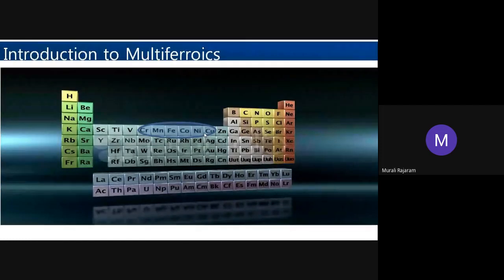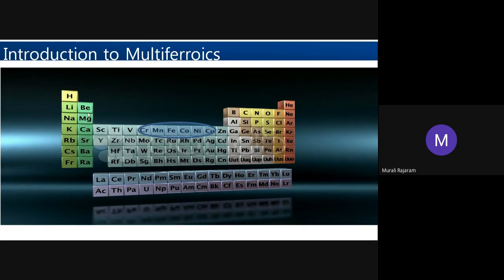And the ferroelectric property comes from titanium, niobium, tantalum, and this group of materials. This is because for magnetism the d orbital should be half filled, and for ferroelectric materials the d orbital should be zero, that is, empty.